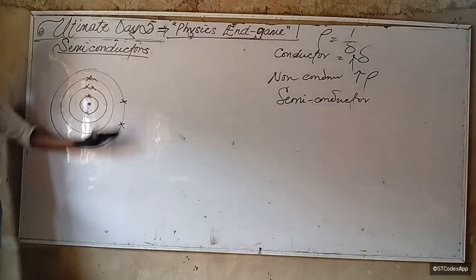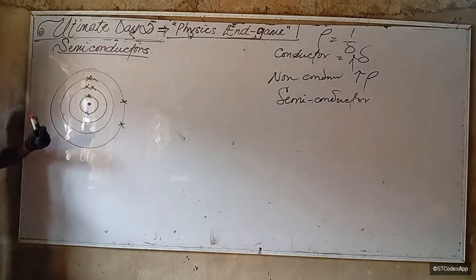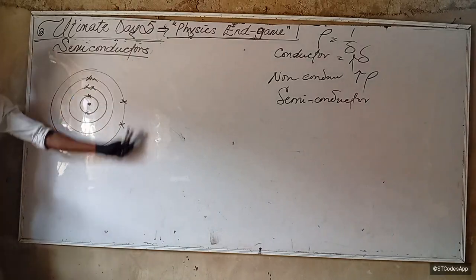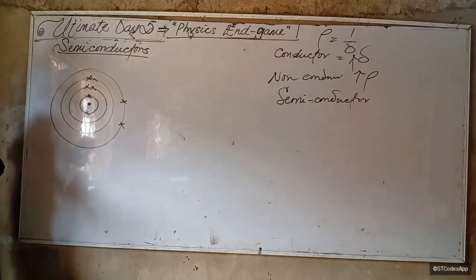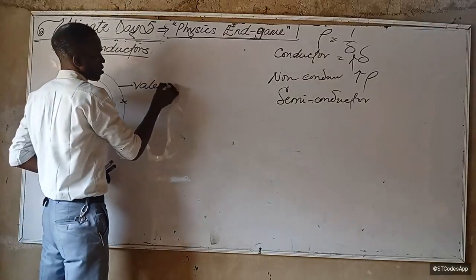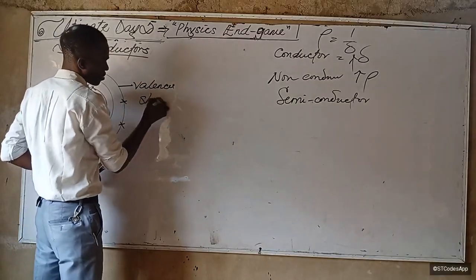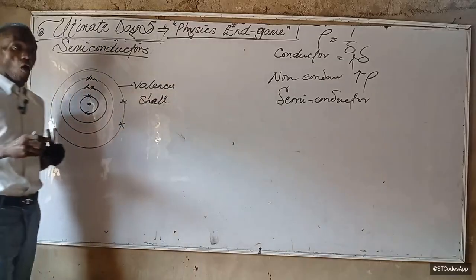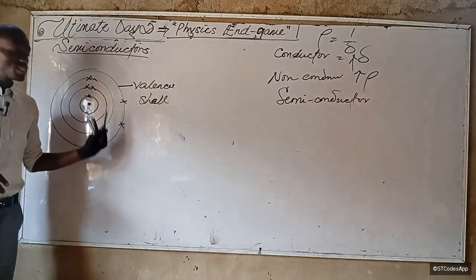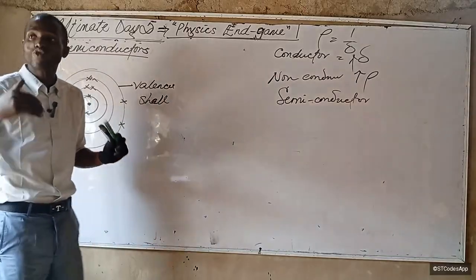So how many valence electrons does this one have? 2, isn't it? Now, you see, this last energy level here is called the valence electron shell. In the valence shell of a conductor, the electrons that are there are free to move.